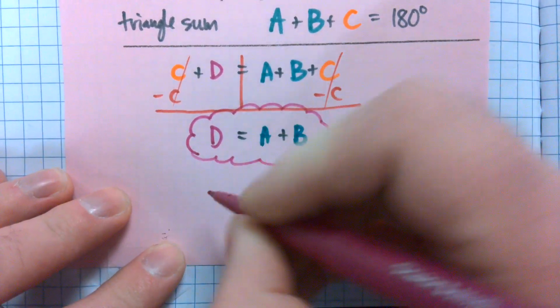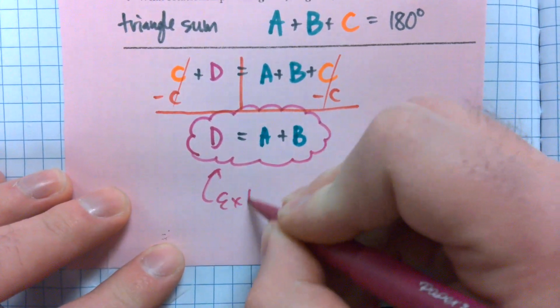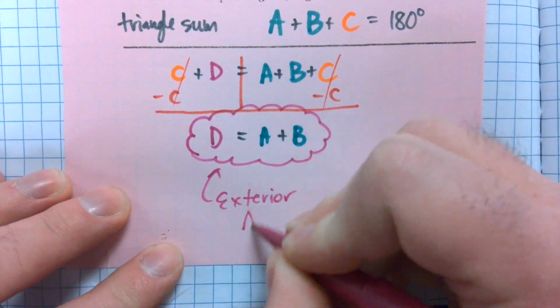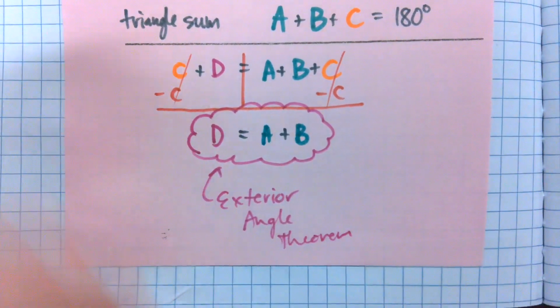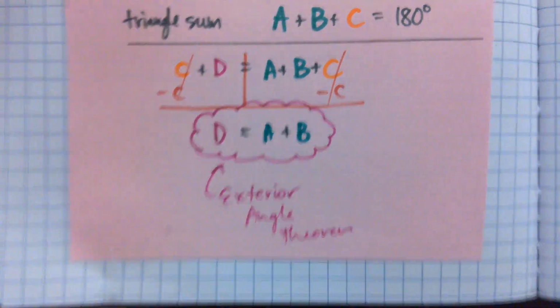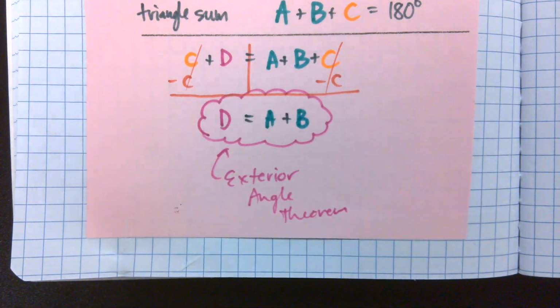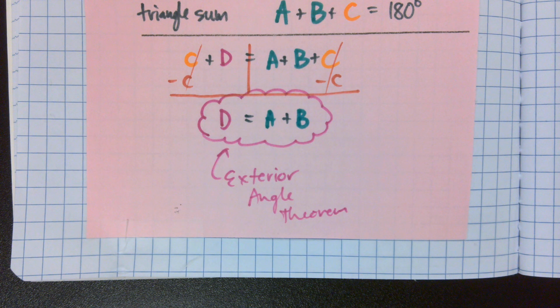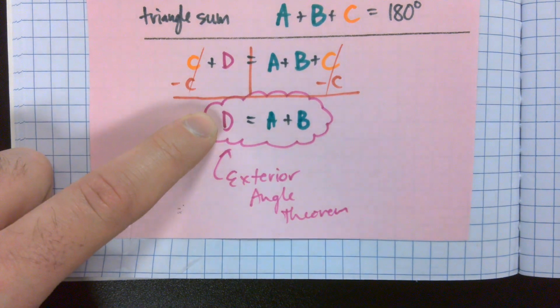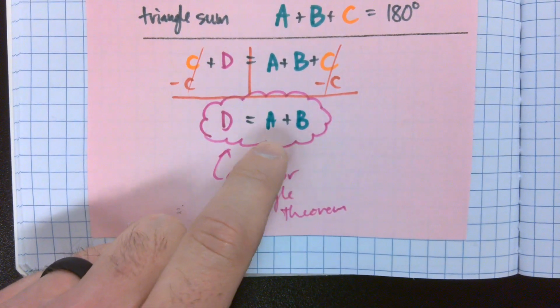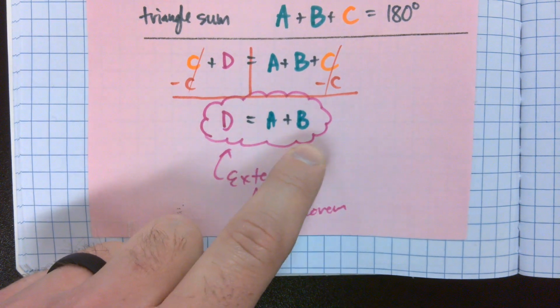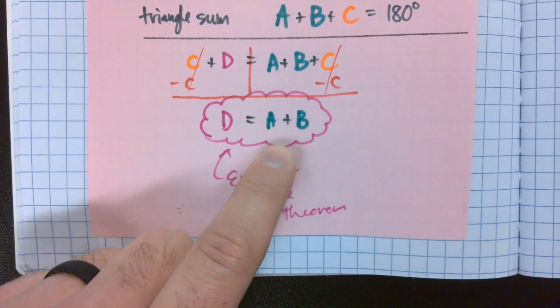Go ahead and put a cloud around that. This is our exterior angle theorem. If we want to find the measure of our exterior angle D, all we have to do is add together both remote interior angles.